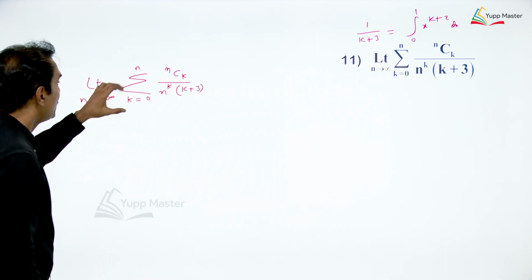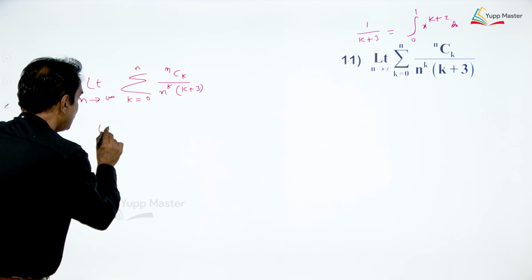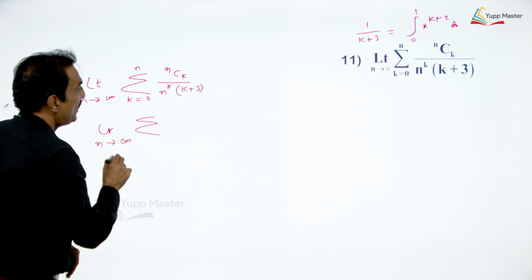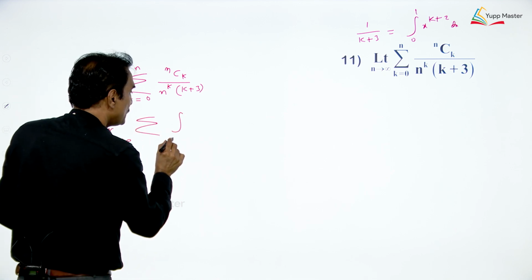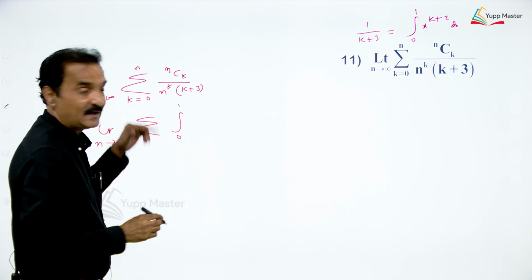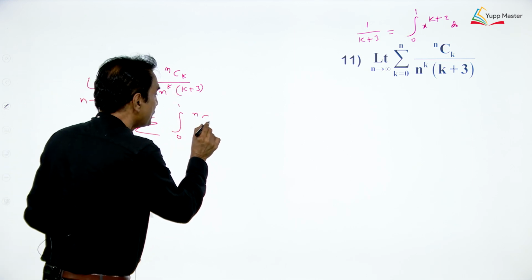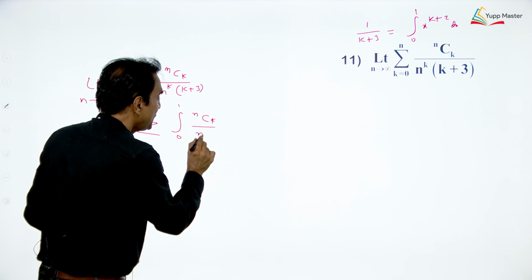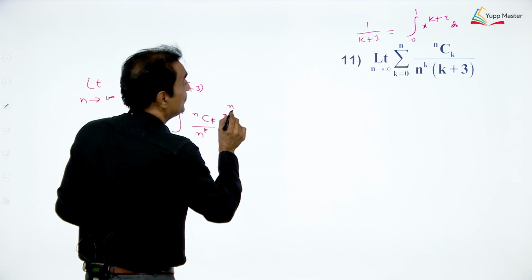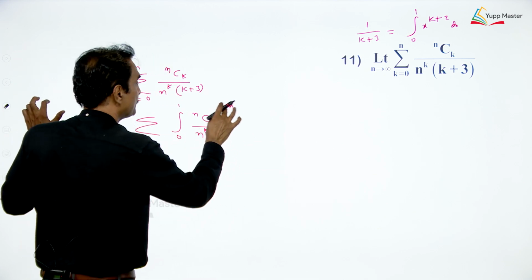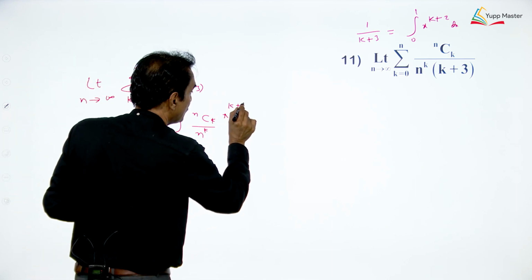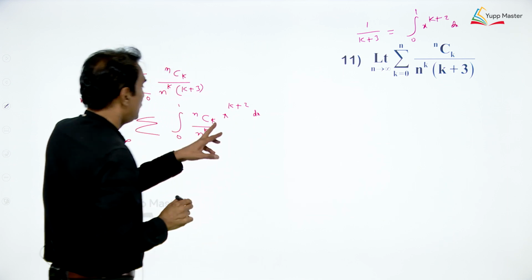Then we can write it as limit as n tends to infinity, sigma, I can write this whole integral 0 to 1 nCk by n power k into x power k plus 2 dx.